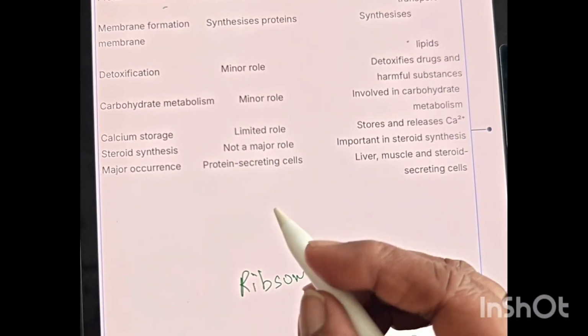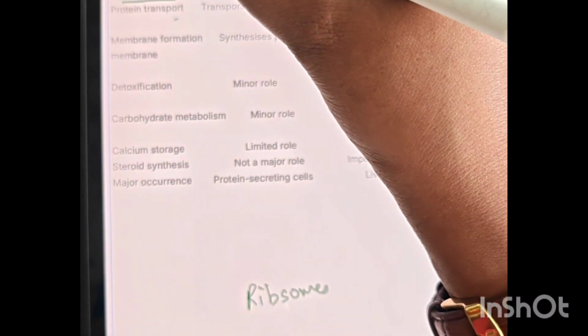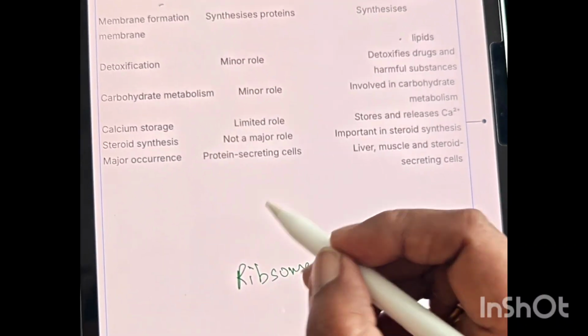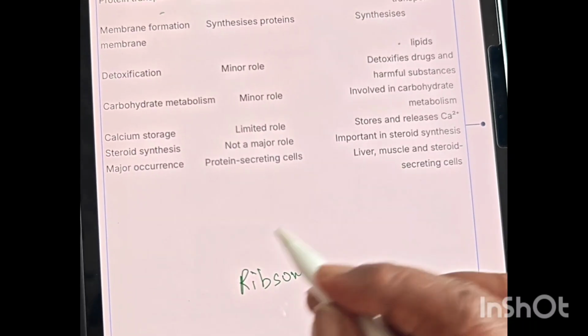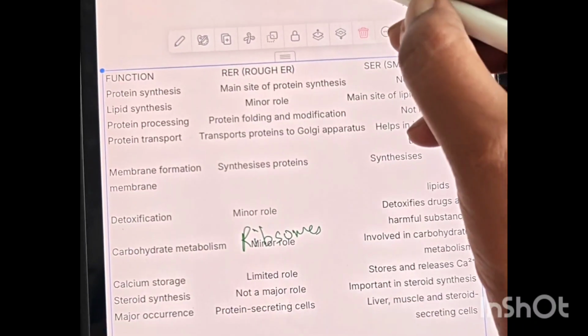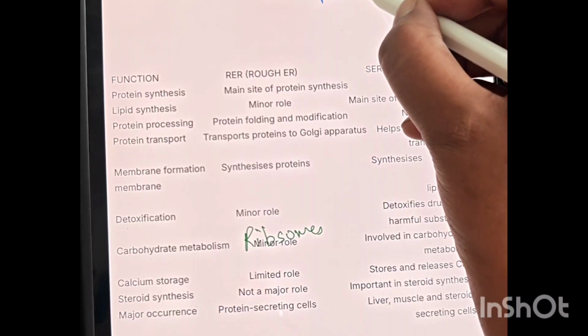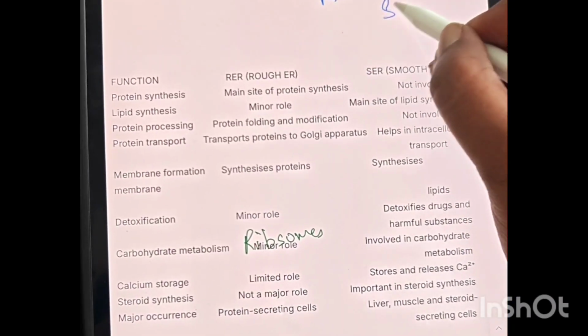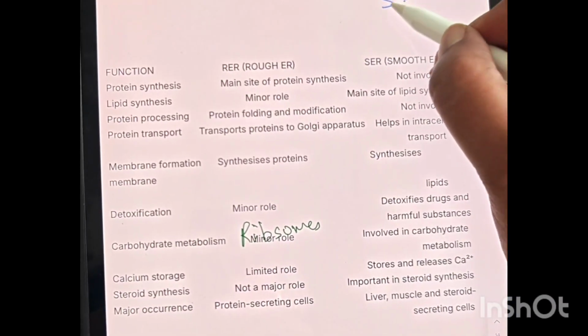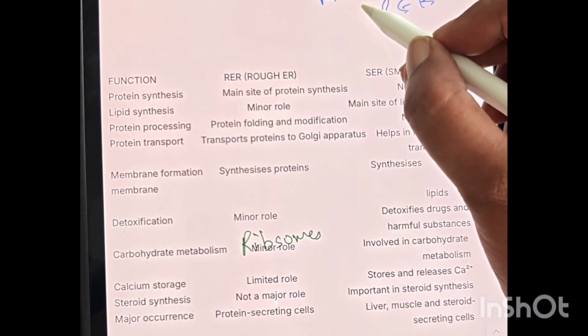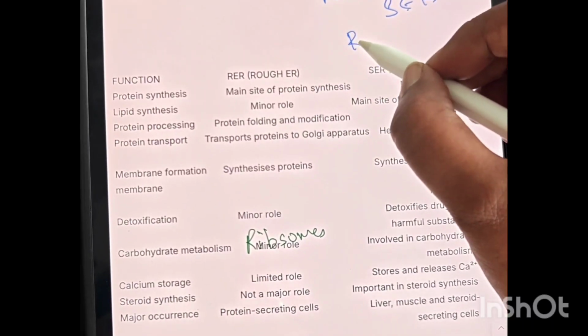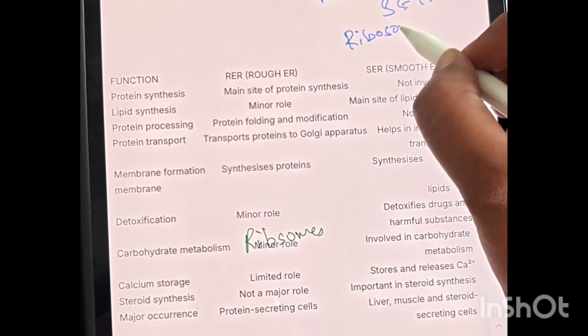Remember that the rough can be changed into the smooth, while the smooth can again change into the rough, just by attachment of ribosomes.